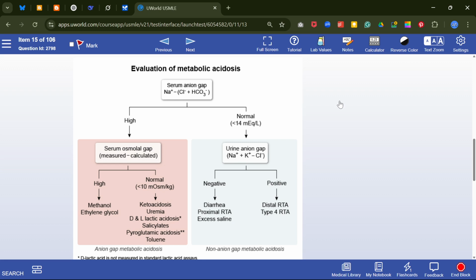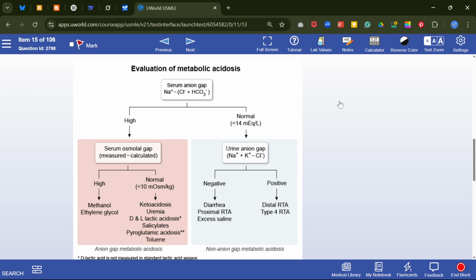So I am reading this box again, on how you can evaluate metabolic acidosis. In metabolic acidosis, we can remember the causes by MUDPILES.